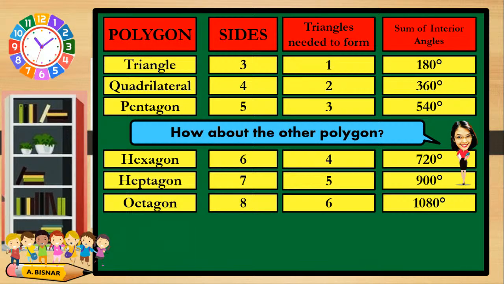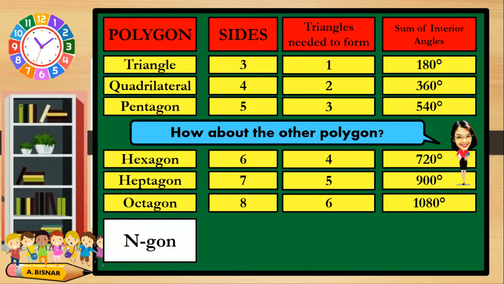So, do you observe something? In here, we'll try to have a formula so that when we are looking for other polygons, we can easily identify the sum of the interior angles.